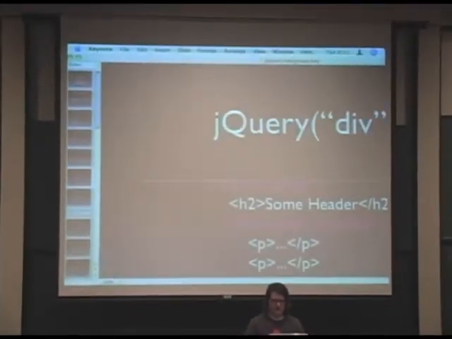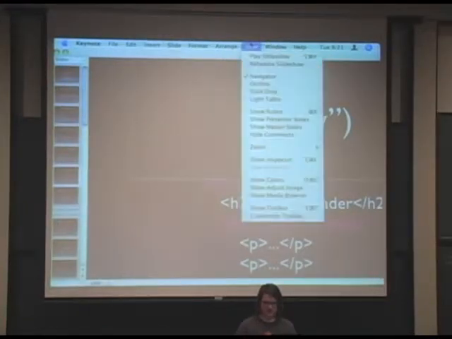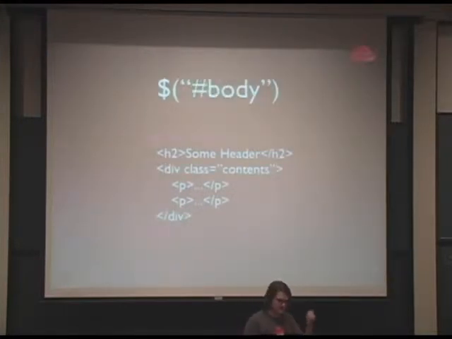It also has the jQuery name, but we like to use the $ sign as a shortcut. It's optional. What this is saying is find all div elements on the page, and so it matches those two divs. Again, this is CSS, so it is find div or find element with an ID of body.